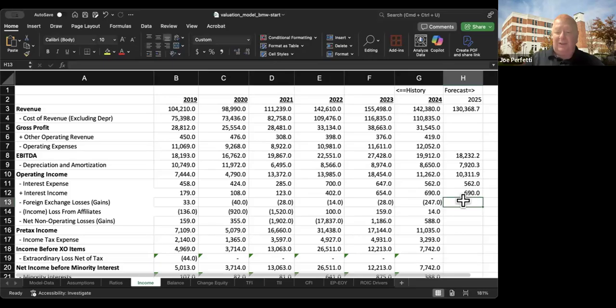For FX gains and losses, 0. I don't know what's going to happen to currencies. Neither do you. I was telling the class earlier today that I was on a call with a multinational firm this morning, and we were talking about tariffs and currencies. I asked them straight out, what do you think is going to happen and the impacts on currencies in the next 1 to 2 years?